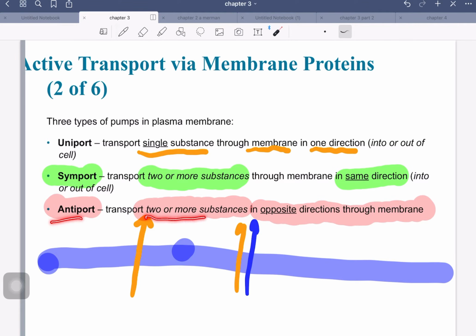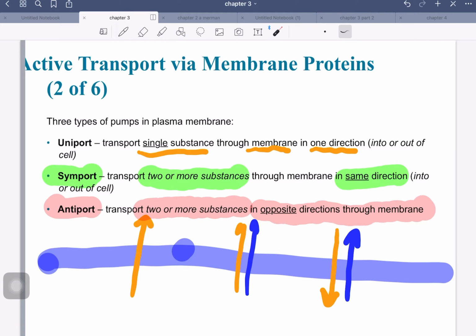Antiport, two or more substances, they're each going in a different direction. So let's draw that out. In an antiport, one thing would be going in one direction, and the same membrane protein is carrying something in the opposite direction. These are very useful terms because we'll be using them on a regular basis, talking about uniports, symports, antiports. So we should be familiar with this terminology.